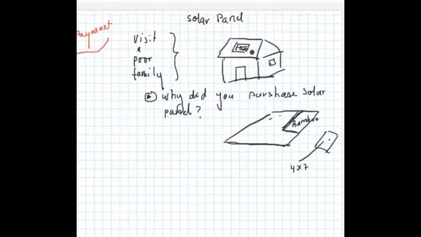And the solar panel only gives light to this house, not to his house. So he remains in the darkness. The lady who was living here, she has solar light. And the person who paid is not the person living here.